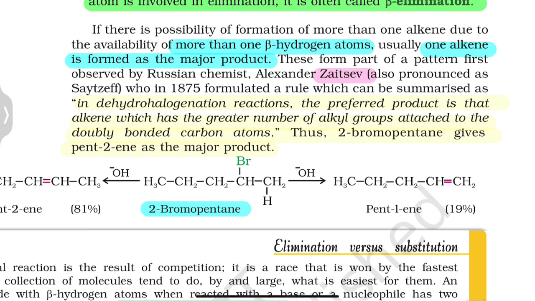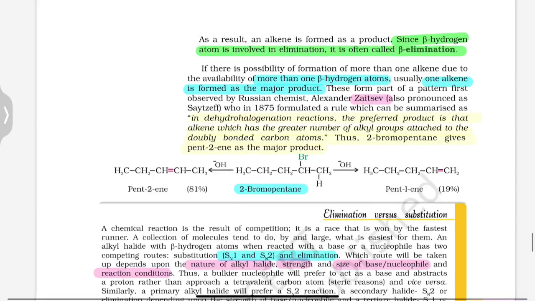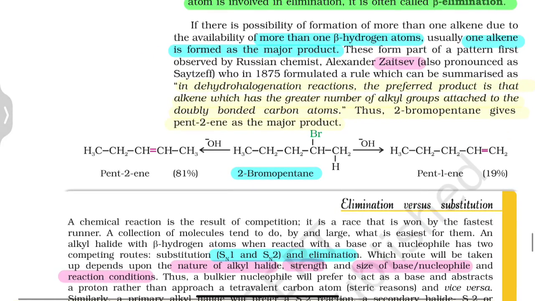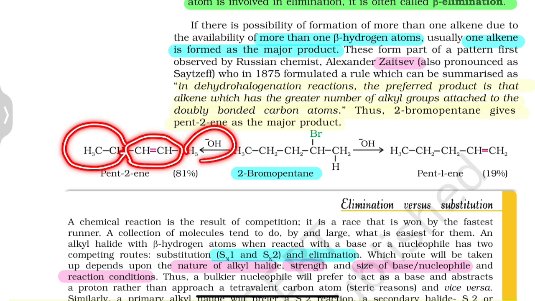Now we will go through the Saytzeff rule. What it says is, in dehydrohalogenation reaction, the preferred product is that alkene which has the greater number of alkyl groups attached to the doubly bonded carbon atom. Here there are two and here there is only one.